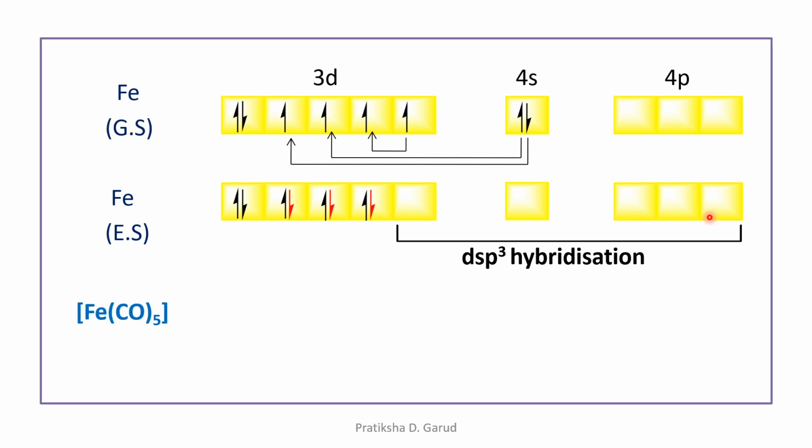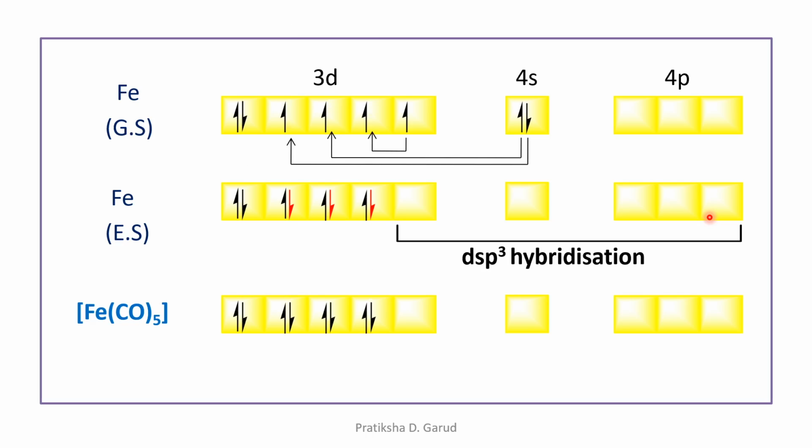So the complex Fe(CO)5, in which again we have the 3d atomic orbital, 4s atomic orbital and the 4p atomic orbital, right? Again we have the electrons from the metal, that is the first electron, second electron, third electron and the fourth electron. Then the fifth will be paired, sixth paired, seventh paired and the eighth paired.